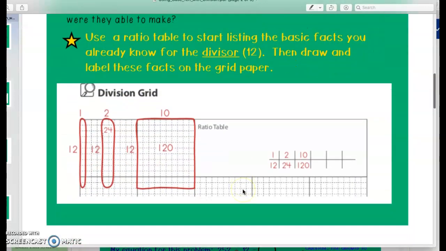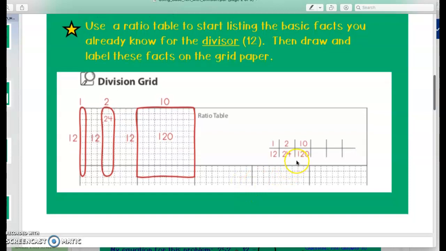Let's see what we have so far. Everything that I've done in this ratio table is represented here in the base 10. So I'm showing it as a picture as I'm doing it on the ratio table. I've got one group of 12 here. I've got two groups of 12 here.